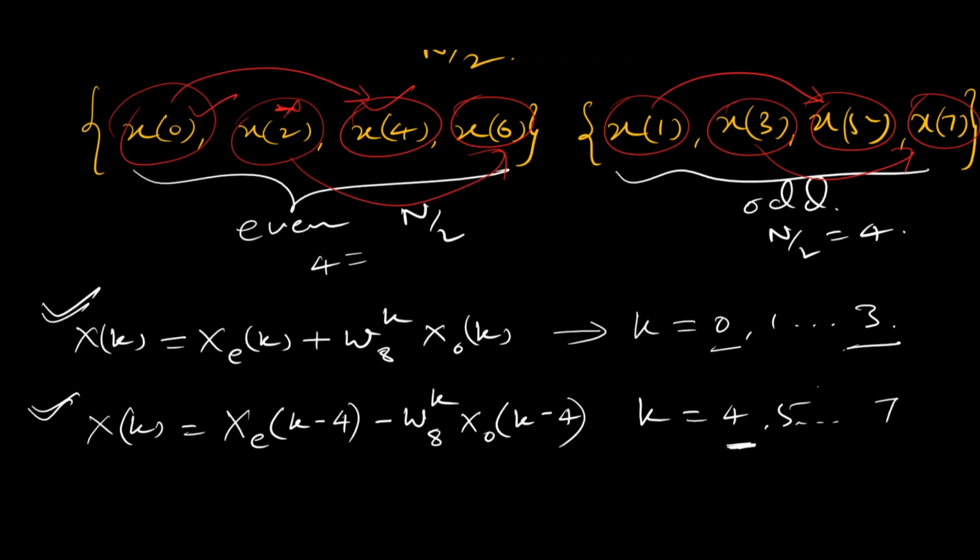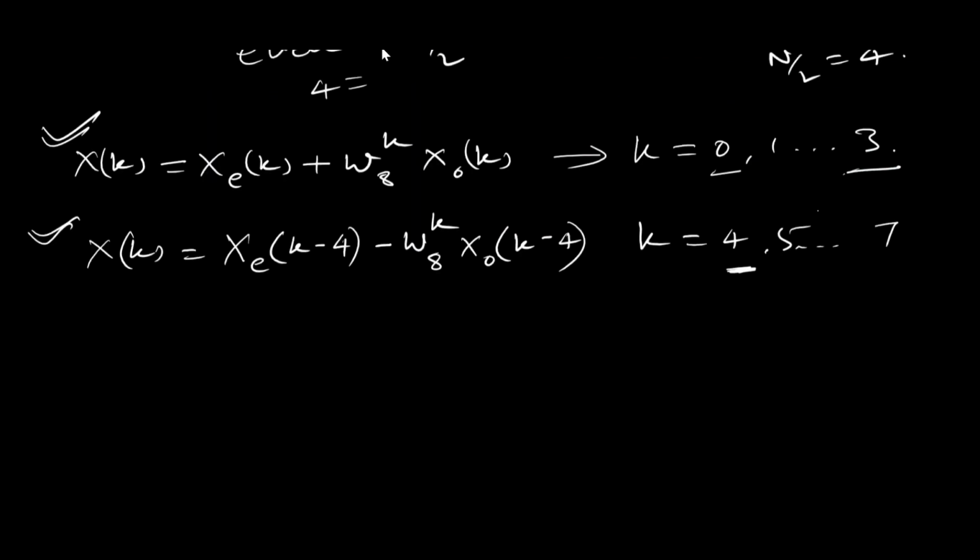Now let us calculate X of k for different values of k. Let's see equation number 1 first. It can take 4 values: 0, 1, 2 and 3. So let's do it for k equal to 0.